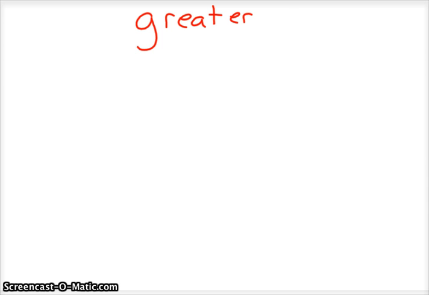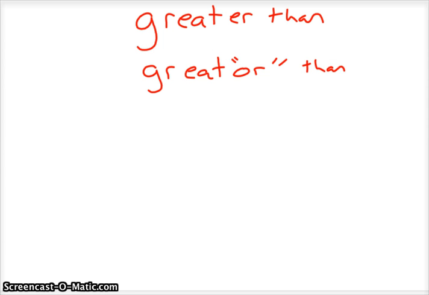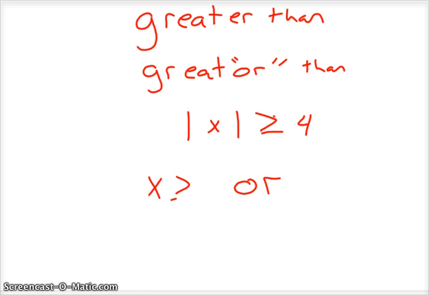The word greater than, if you change that to great-or than, that's telling you that last problem when we had x is greater than or equal to 4, the greater is telling me that I'm going to have 2 with an or. It's either going to be x is greater than or equal to 4 or x is less than or equal to negative 4, where you flip the inequality and change the sign.